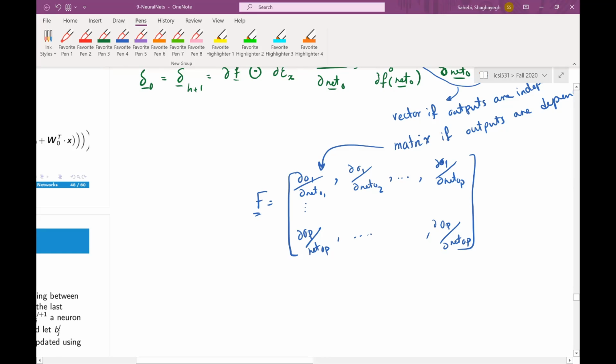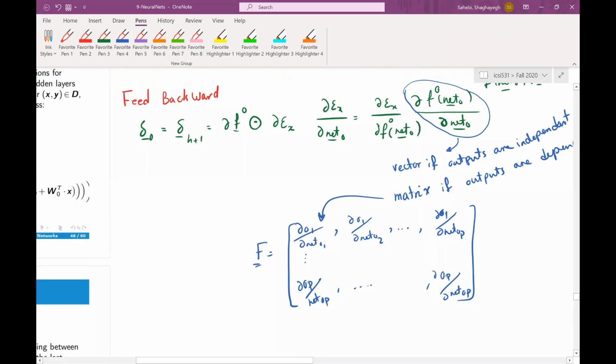But if they are independent of each other, all these little derivatives in this matrix are going to be 0, except the ones on the diagonal, that is the derivative of OI over net OI. That's why it can be represented by just a vector, a p-dimensional vector, right? So this is for the output layer.